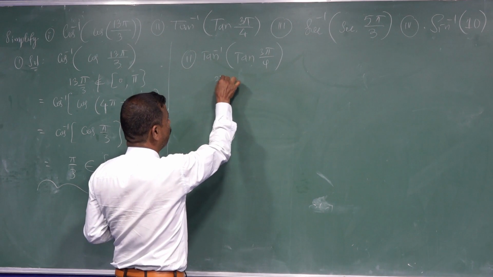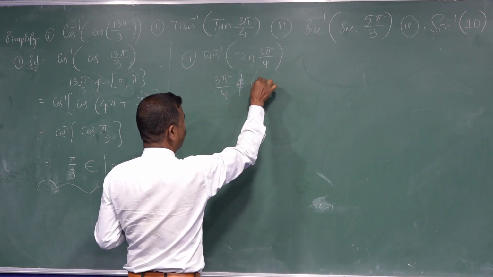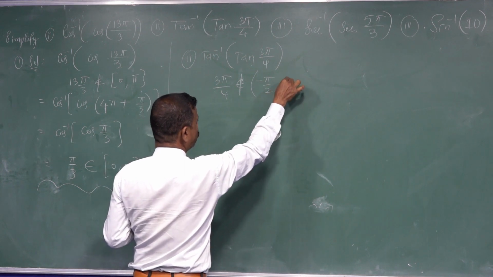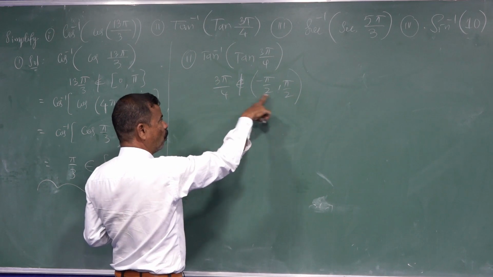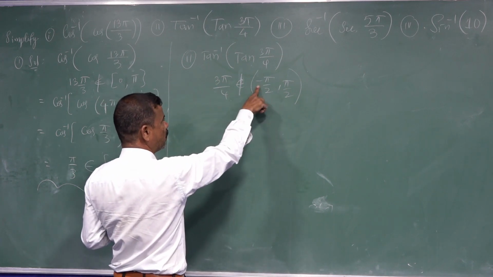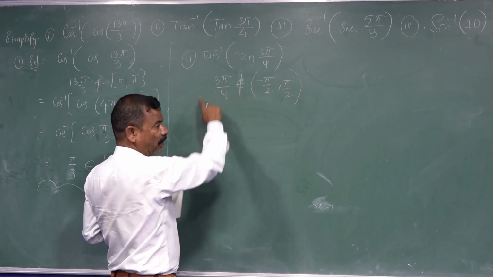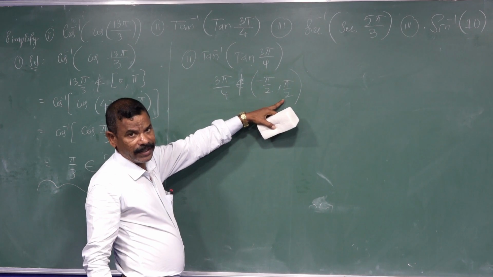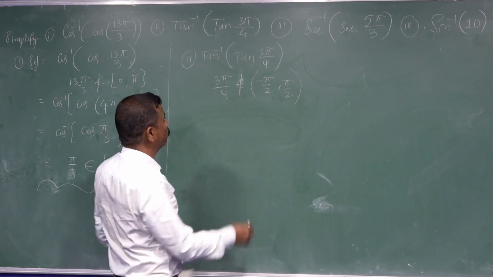Here 3π/4 does not belong to the open interval minus π/2, plus π/2. 3π/4 is more than π/2. π/2 is how much? 90 degrees. This is the minus 90. 45 for π/4, 45 into 3 is 135, more than 90. That's why this value is reduced to these values.